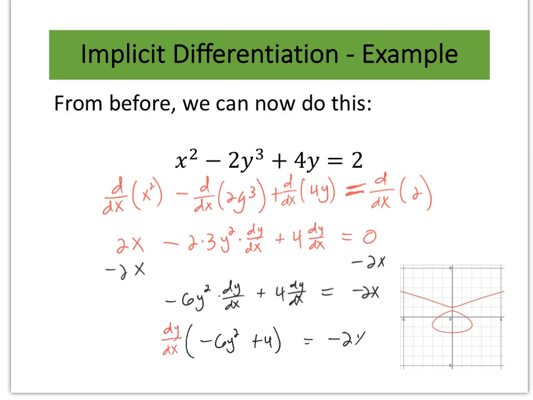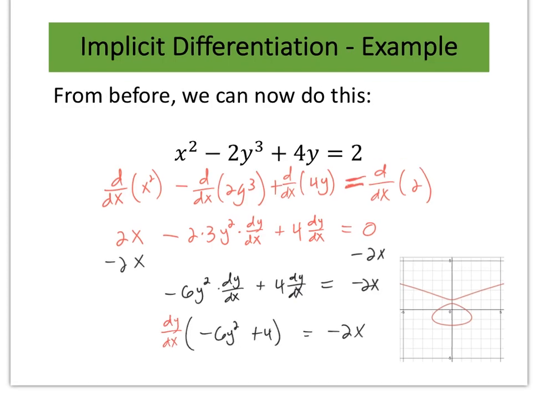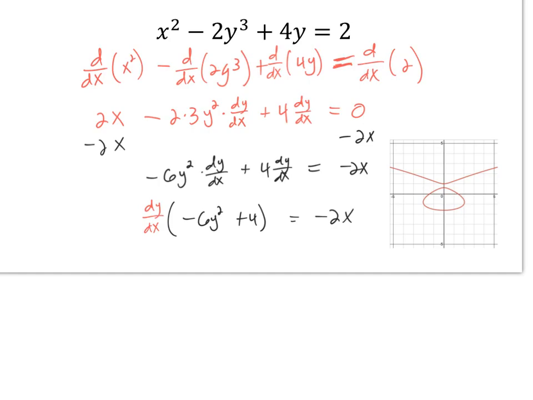Equals negative 2x. And so when I start solving this, all I'm solving for is dy dx. I just will divide, because it's a big multiplication problem. I'll divide both sides by negative 6y squared plus 4. This stuff cancels out this stuff because it's a big multiplication problem.